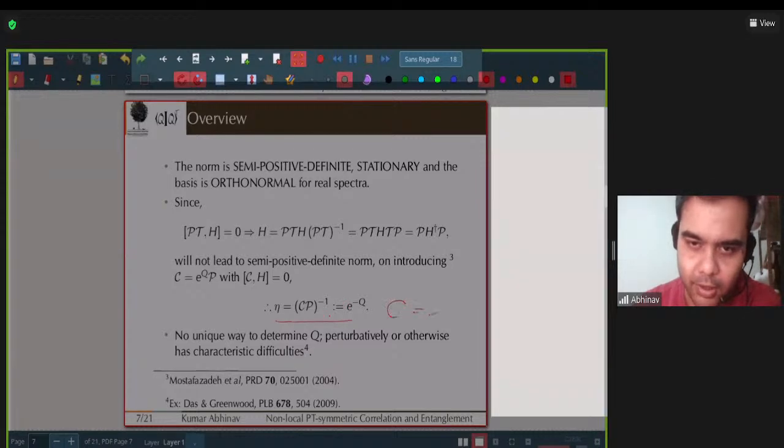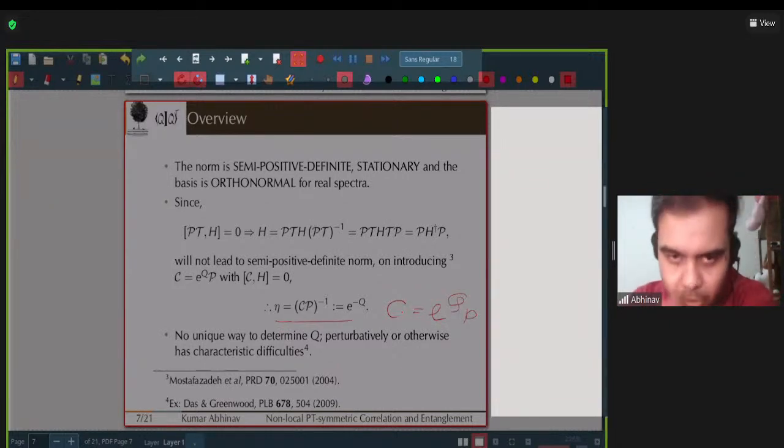C is expressed as e to the power some Q operator times P. So once you multiply it with P, it is e to the power -Q because there is a power -1. And you may ask, where is the time reversal operator? Once you take the transpose to create the bra from a ket, that time reversal effect is absorbed in there.